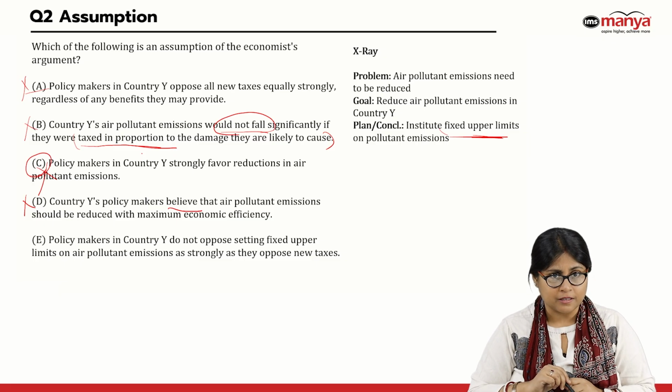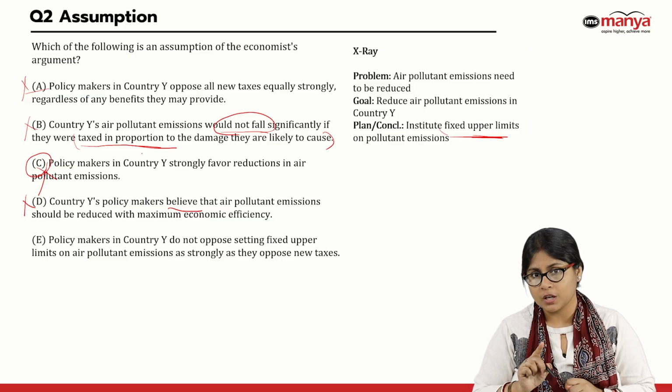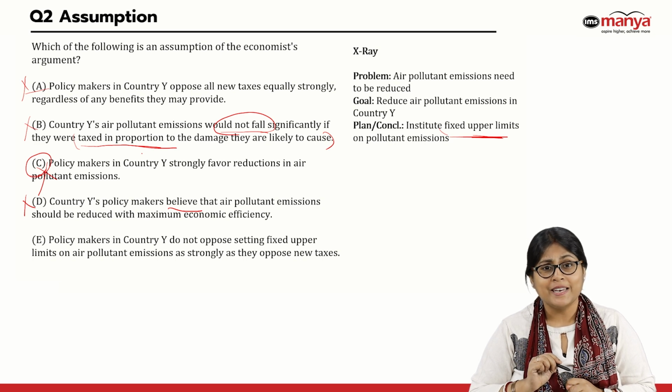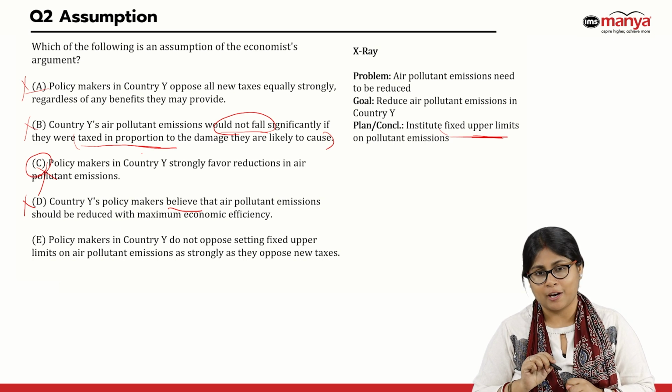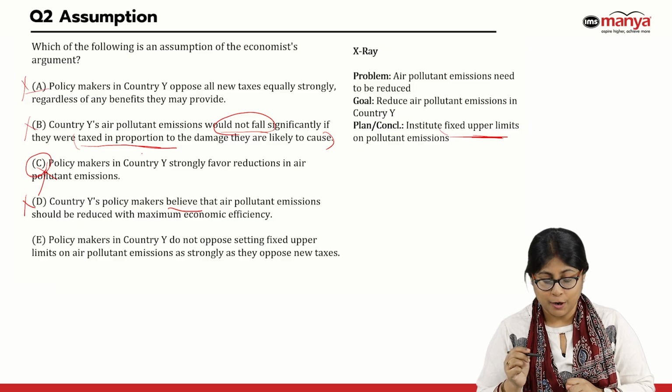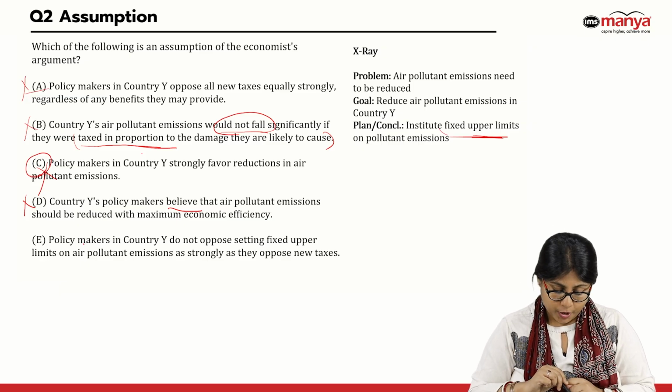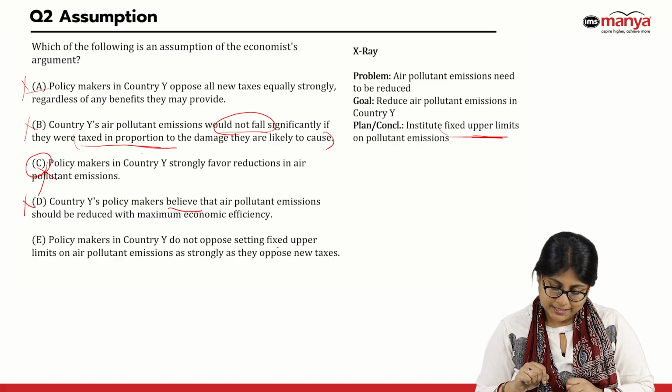Finally, option E. Ideally, my correct answer has to align with the conclusion. It should be something that my conclusion depends on, and it should be something that is necessary for my plan of action to achieve the goal. All right, let's look at it. Policymakers in country Y do not oppose setting fixed upper limits on air pollutant emissions as strongly as they oppose new taxes.